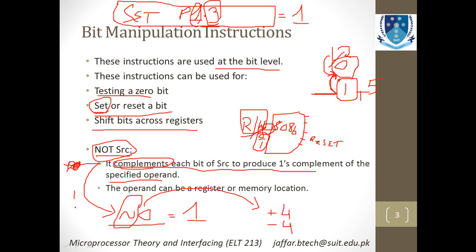If it is 1, it becomes 0, and if it is 0, it becomes 1. So there is a little difference between NOT and negation. They are basically doing the same thing, but in different ways. Negation applies in decimal or hexadecimal or any other representation. Even in binary, it will convert 1 to 0, but if you want to do that specifically in binary, the instruction is NOT source.